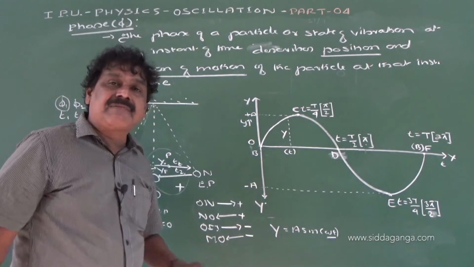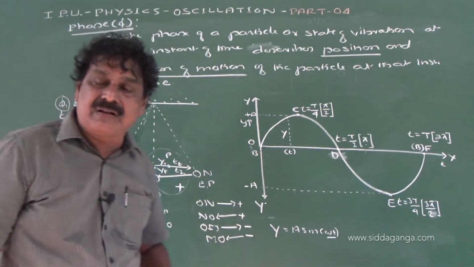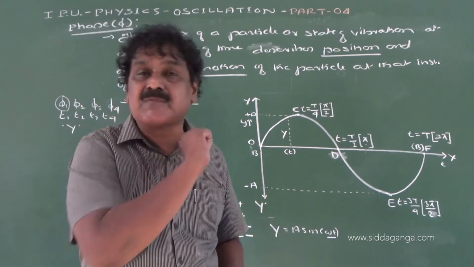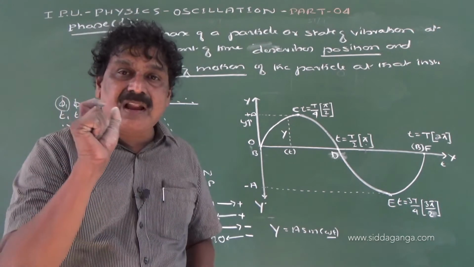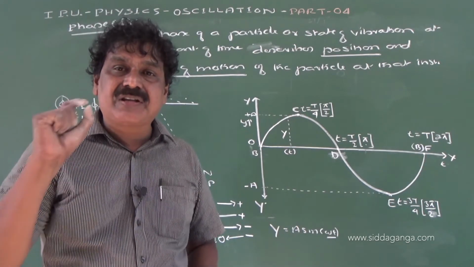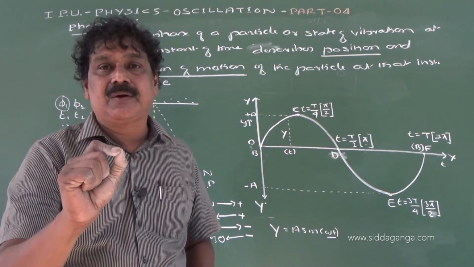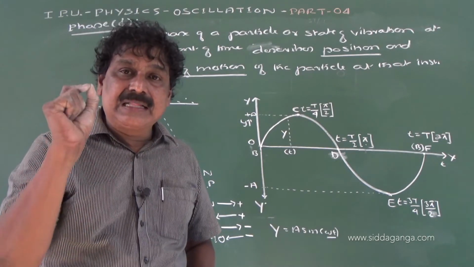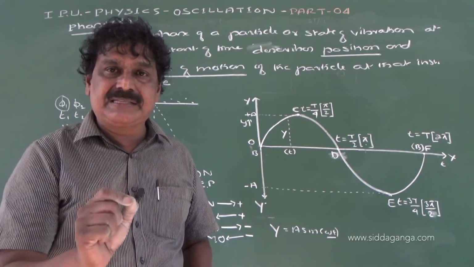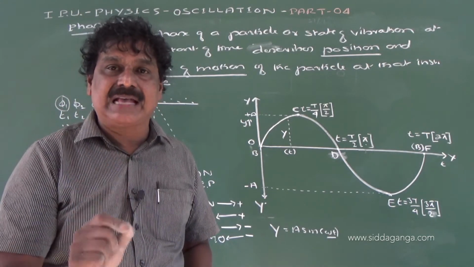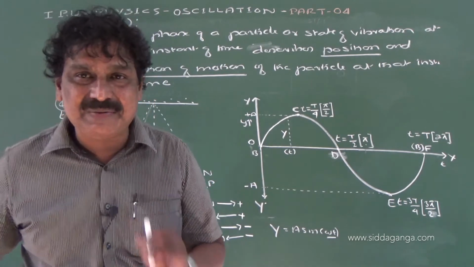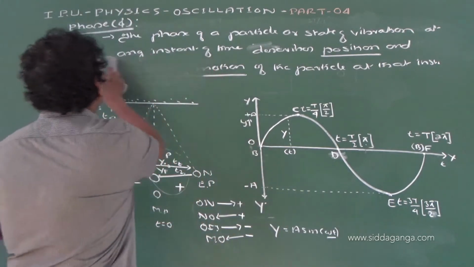The phase or state of vibration of a particle is expressed in terms of a fraction of the time period T, or a fraction of the angle 2 pi, that has elapsed since the particle has crossed its mean position in positive direction. I will write it on the board.